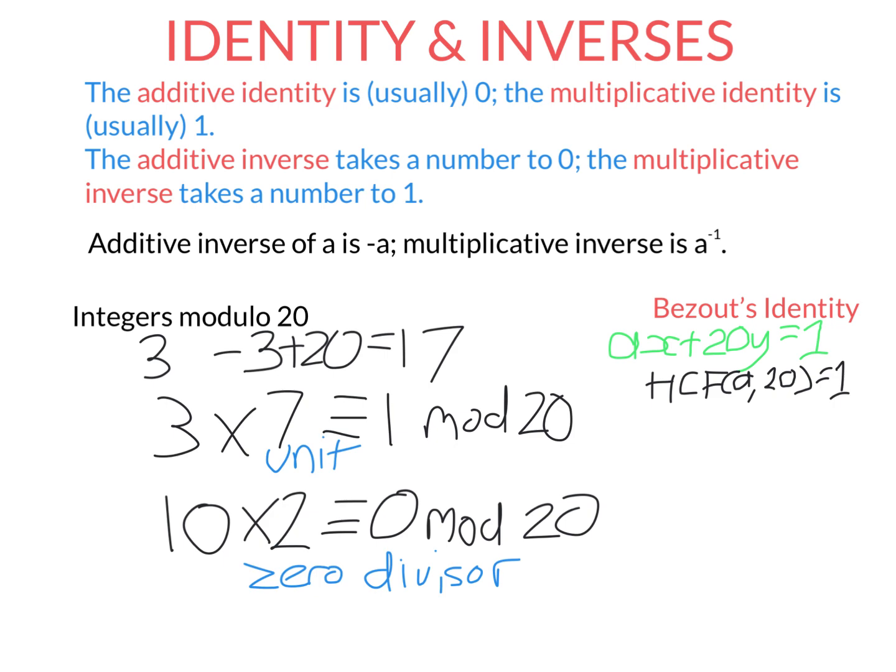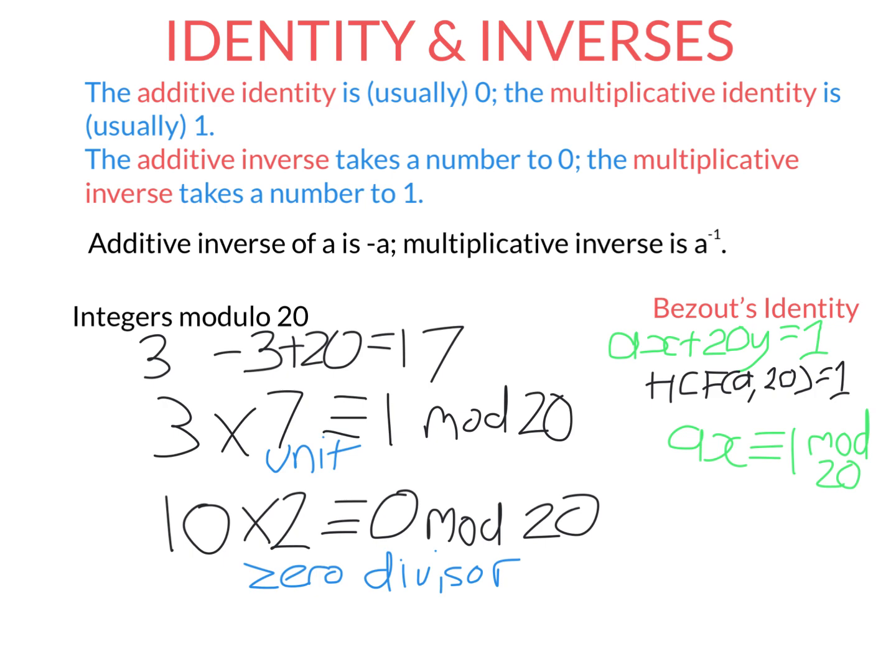Of course, 20 times an integer is going to be 0 mod 20. So I'm just left with ax is equivalent to 1 mod 20. Bezout's identity tells us that this will have a solution if and only if a is co-prime to 20.